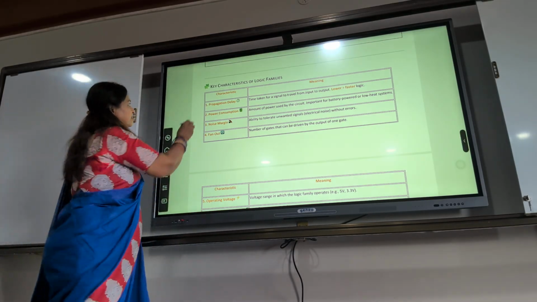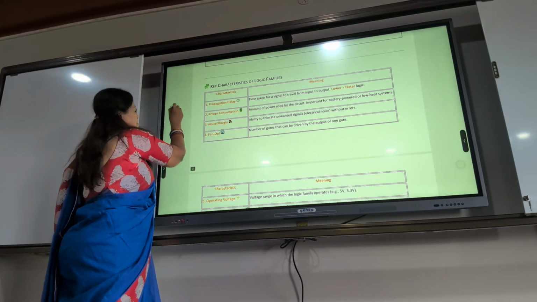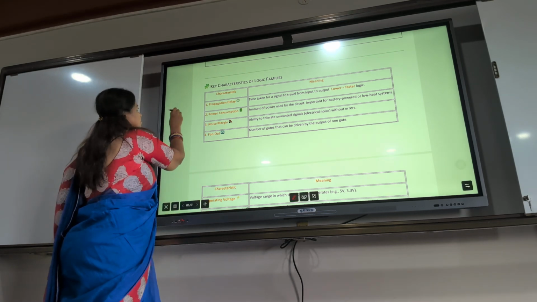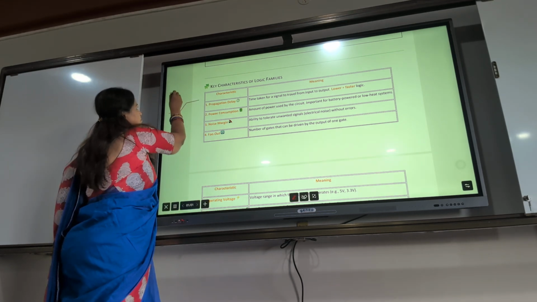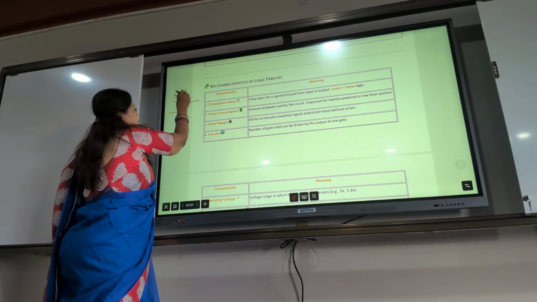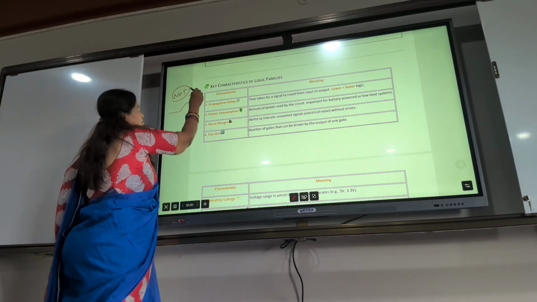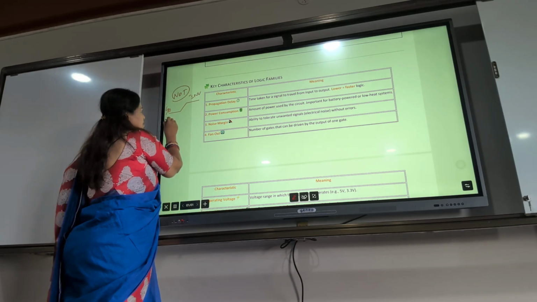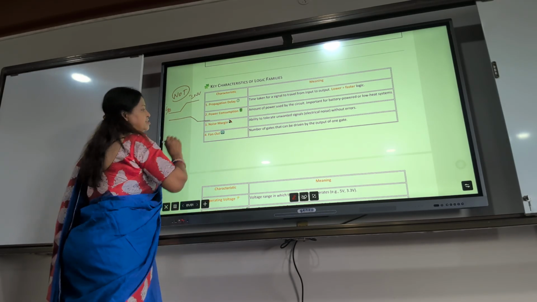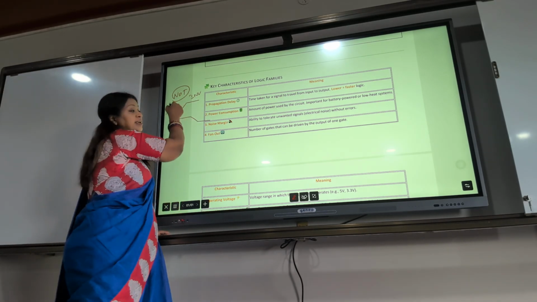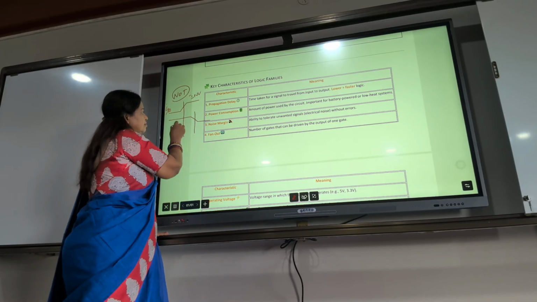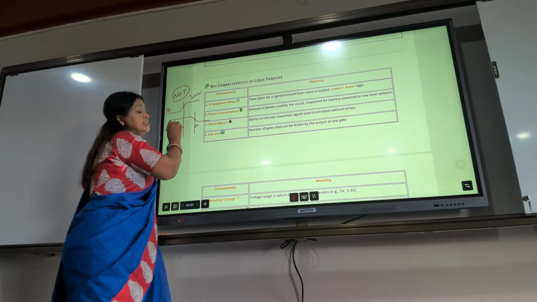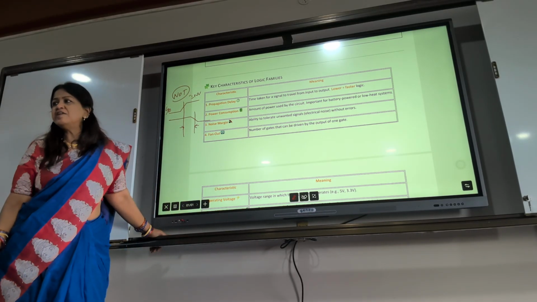Are you able to understand? This is your NOT gate, or inverter. So this is your input. So when this changes, what happens? Your output will change like this. That means a small delay. This is called as propagation delay. What is this in terms of tP, HL, LH?